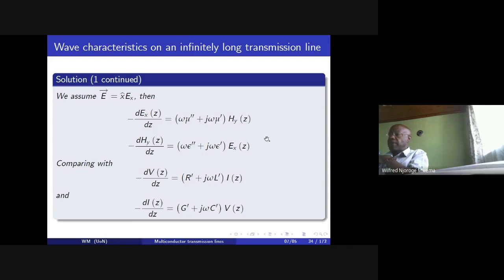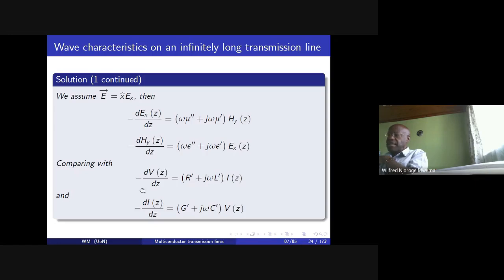And therefore, if we do a comparison, we can see that this behaves as a series resistance per unit length, and that behaves as a series impedance or inductive impedance per unit length as well, which is j omega L prime.